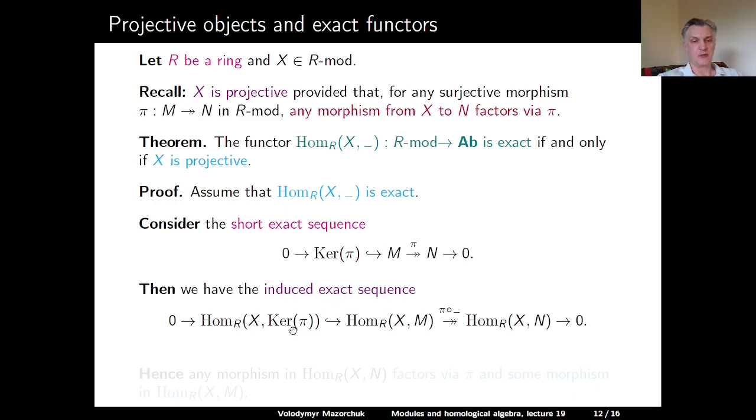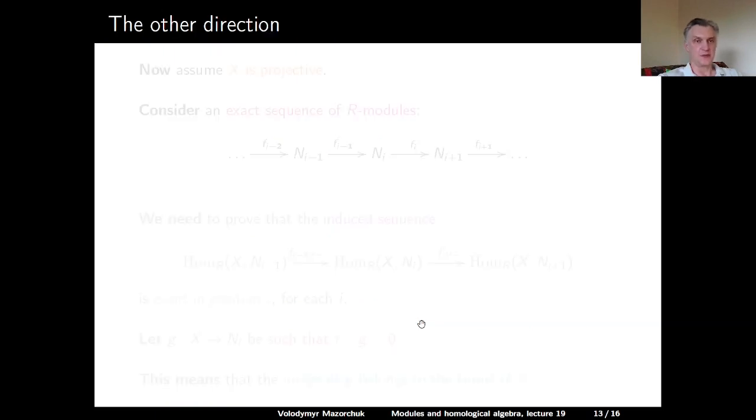So we have that homs from X to the kernel of pi, they embed into homs from X to M, and then this projects onto homs from X to N. This means exactly that if we take any hom from X to N, it is the image under postcomposition with pi of some hom from X to M. And this gives exactly the definition that X is a projective module. This gives us one implication. Let us prove the second one.